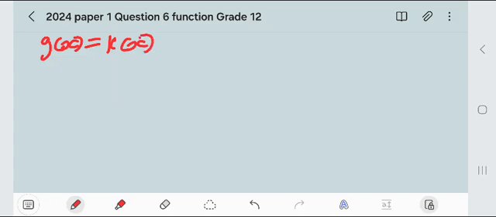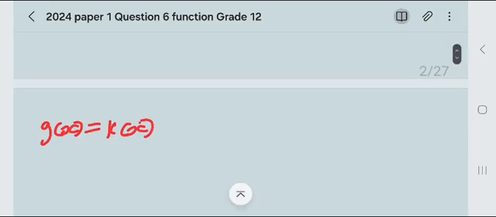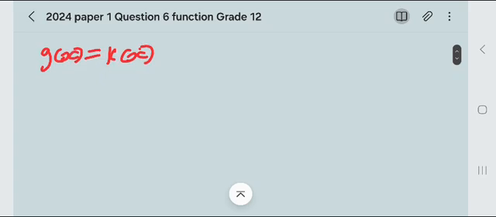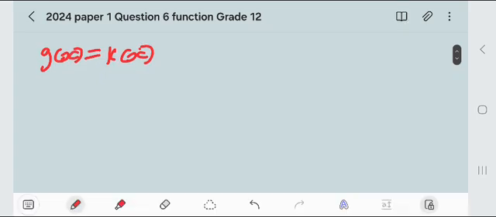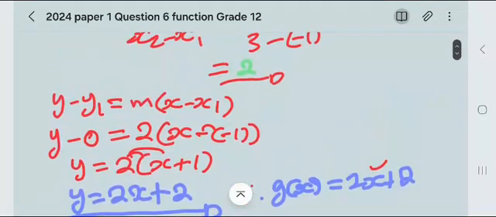Right. g of x is the straight line. We know that we've calculated the straight line, whereby the formula of the straight line we said is 2x plus 2. We did calculate this, 2x plus 2. What about k of x? They have given us here.